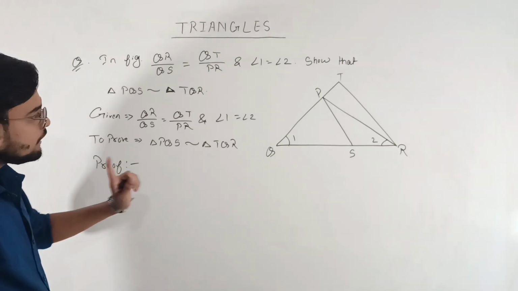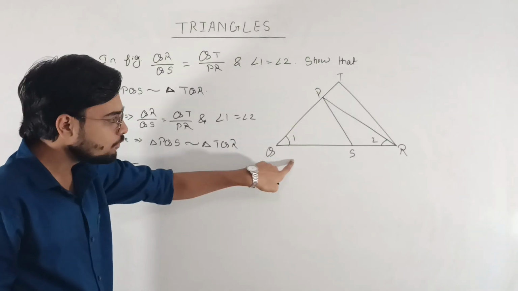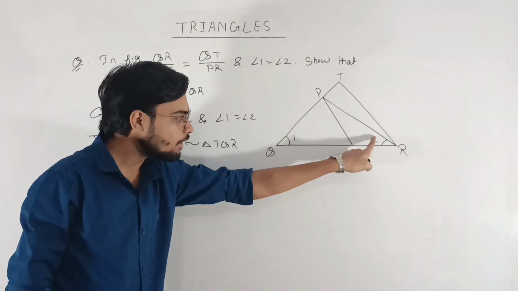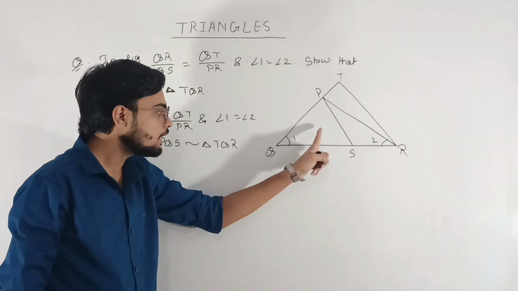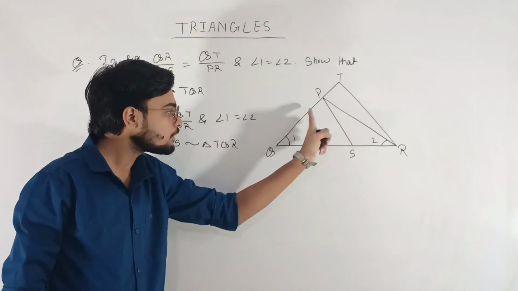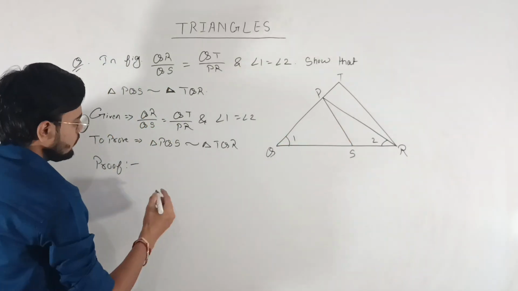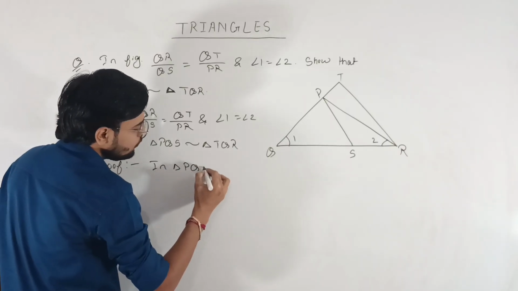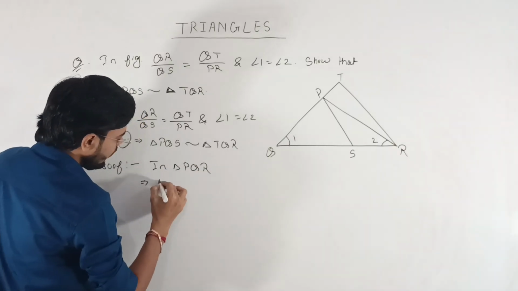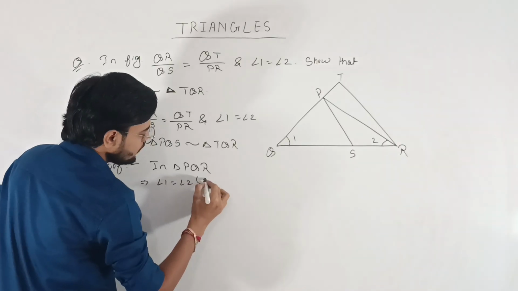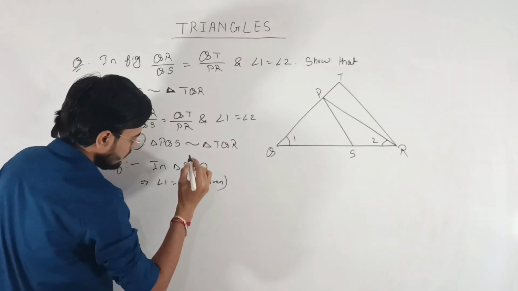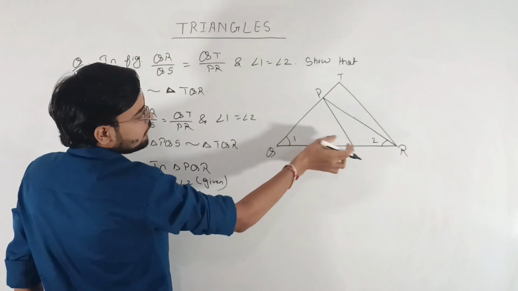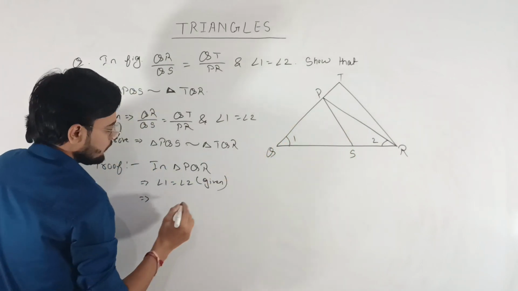First we see in triangle PQR, angle 1 is equal to angle 2, this one is given. Then if angle 1 is equal to angle 2, then PR is equal to QP.